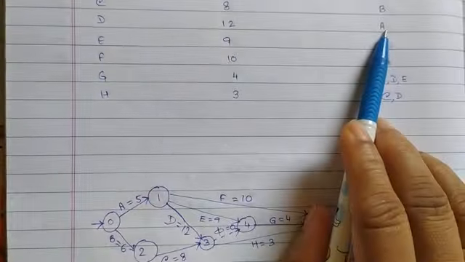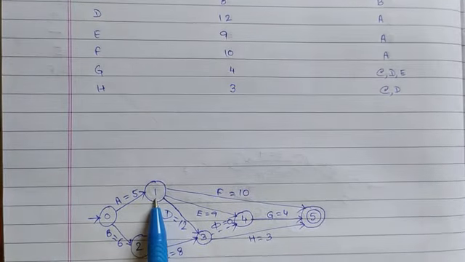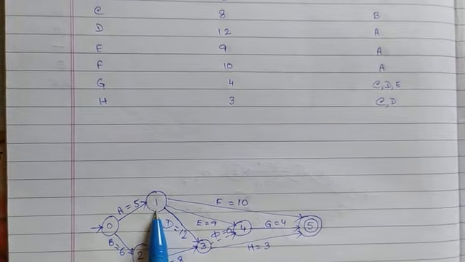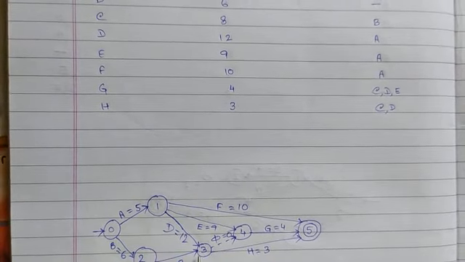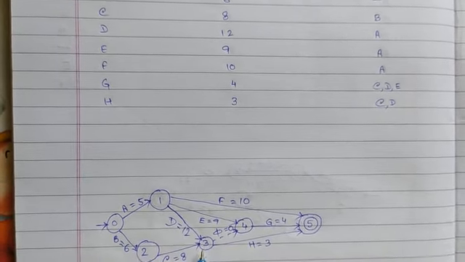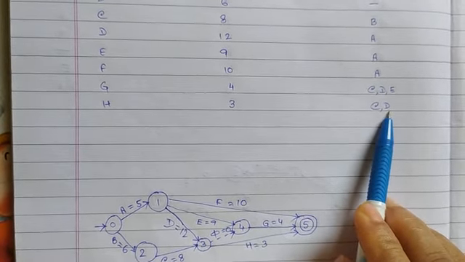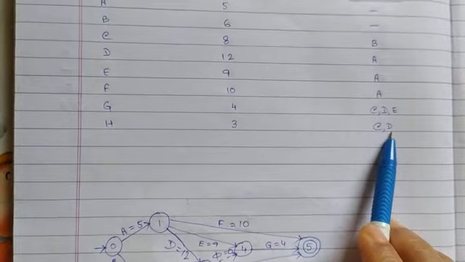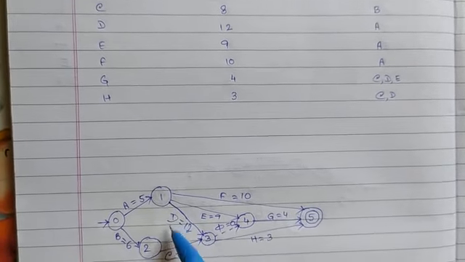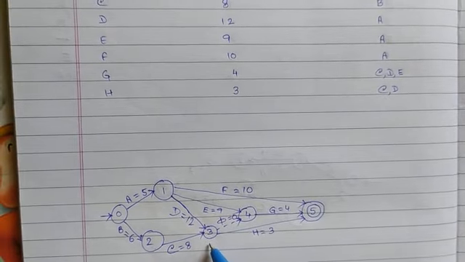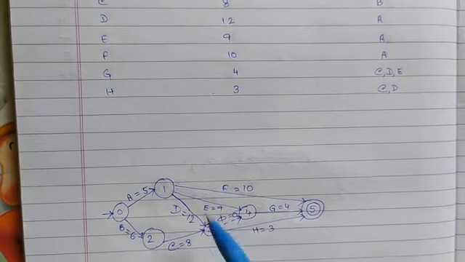D's preceder is A, so D will execute from state 1, and we have met D at state 3 where C ends, because C and D both are someone's preceder. So we have met C and D at a single state, that is 3.